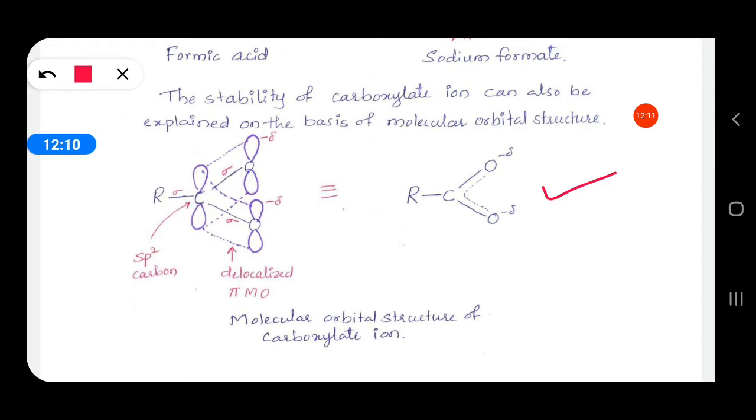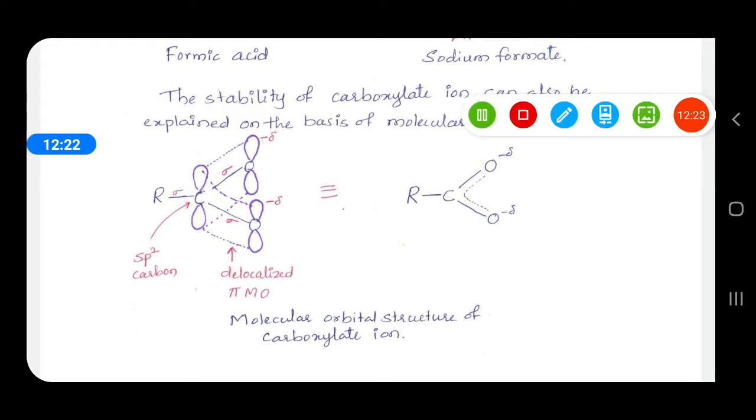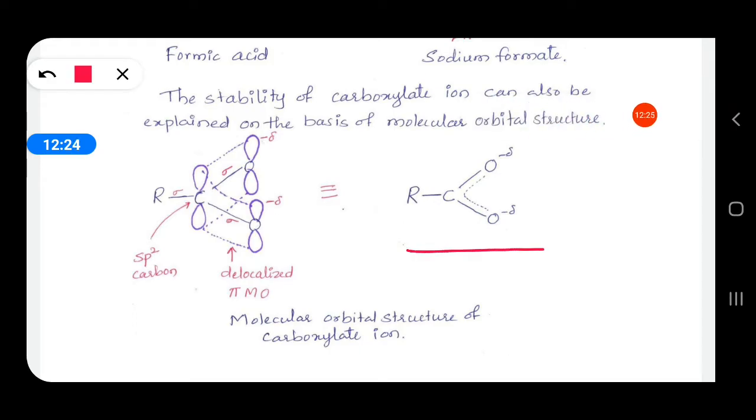It lies in between due to this overlapping of unhybridized orbitals. And this confirms the resonance in the carboxylate ion. Due to this resonance, the carboxylate ion is more stable. It gives H plus easily. That's why it is acidic in nature.